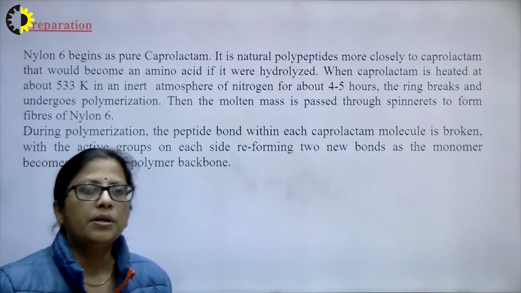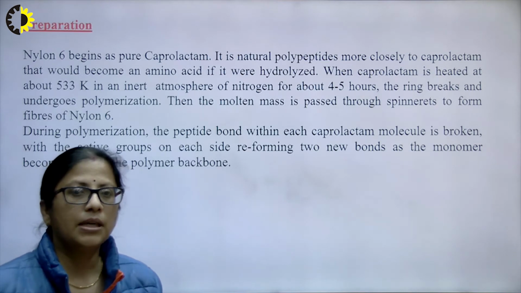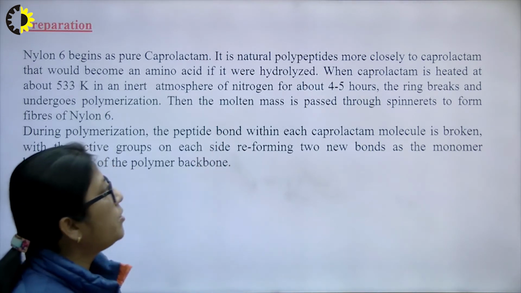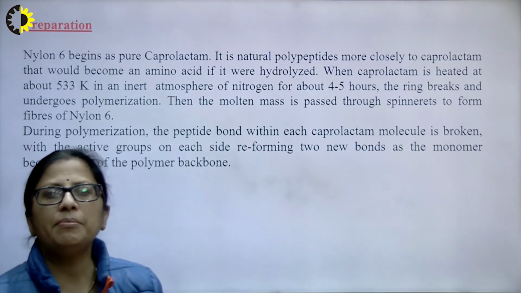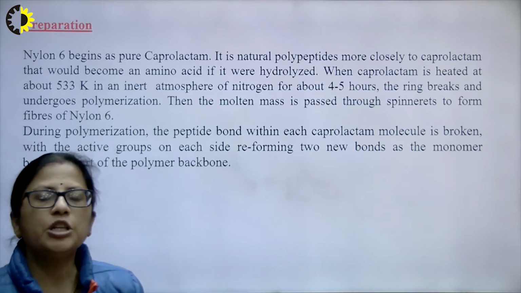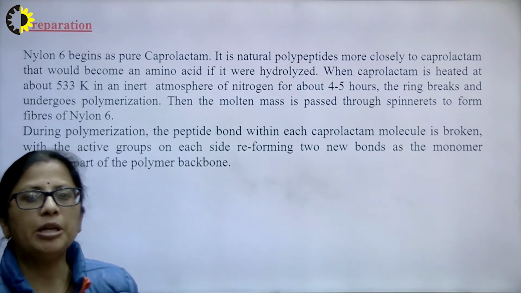Now, nylon 6 preparation begins with the caprolactam. It is closely related to a natural polypeptide, and it would become an amino acid if it were hydrolyzed. If I hydrolyze the product, then I will get the amino acid.